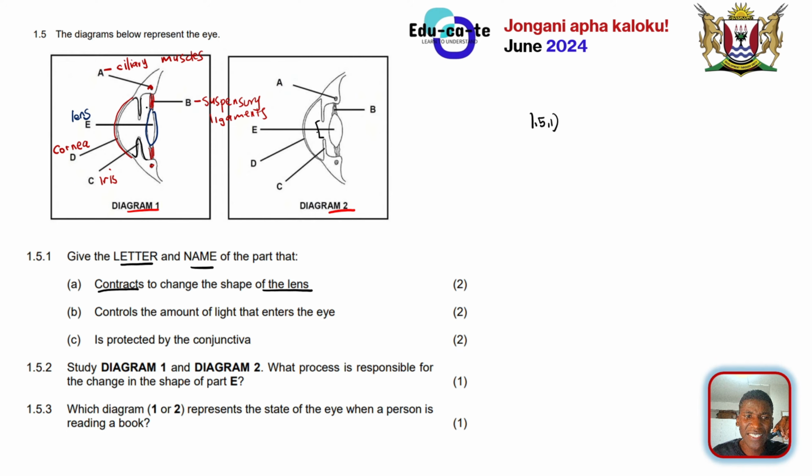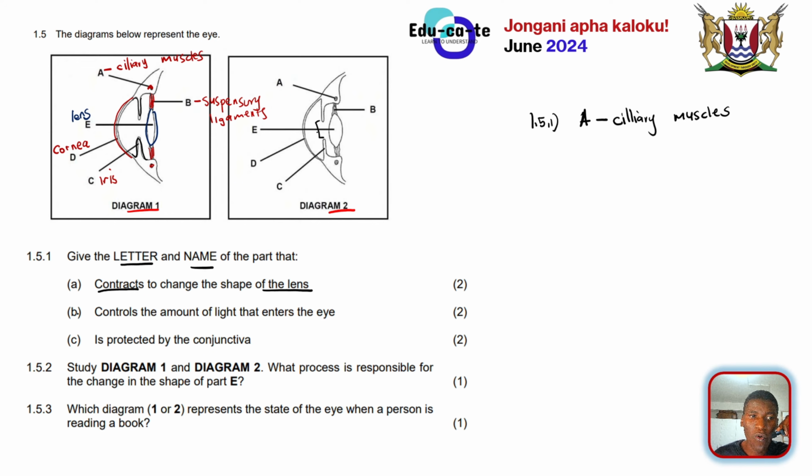Here we can see that it is the ciliary muscles. Those are the only muscles that we have here. So A is the ciliary muscles. The ciliary muscles contract, and once they contract, the suspensory ligaments become slackened so that the lens becomes bigger and bulgy. That's accommodation for near vision.